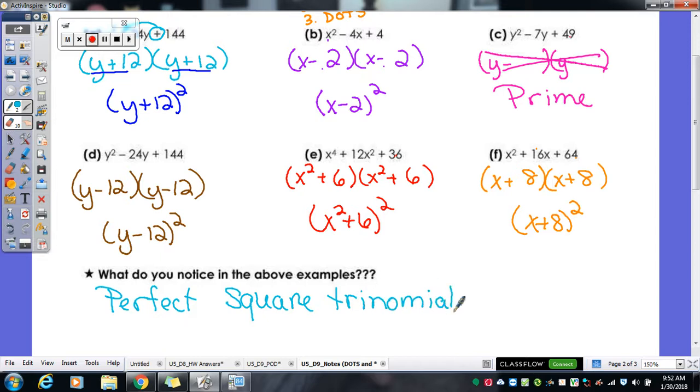So all of your last terms are perfect squares. 144, perfect square. 36, a perfect square. 64, perfect square. 4 up above, that's a perfect square. And then the middle term is when you add whatever their square roots are together. So it makes it a perfect square trinomial. We're going to be doing a lot more stuff with perfect square trinomials in our next unit, so I just wanted to introduce you to them now.